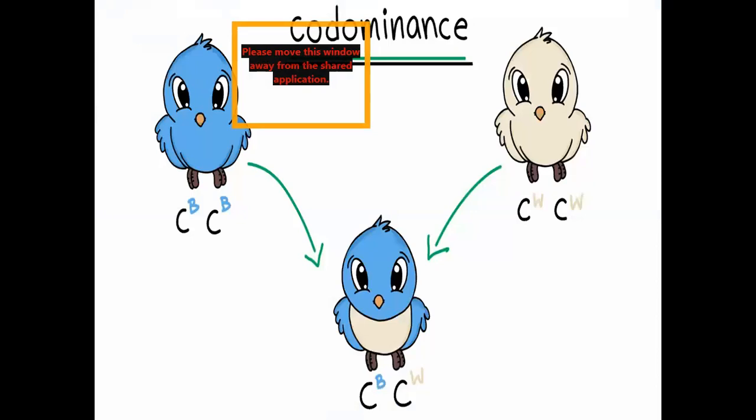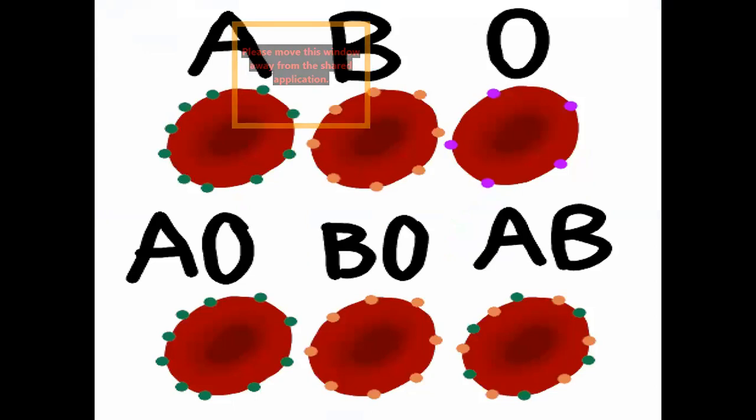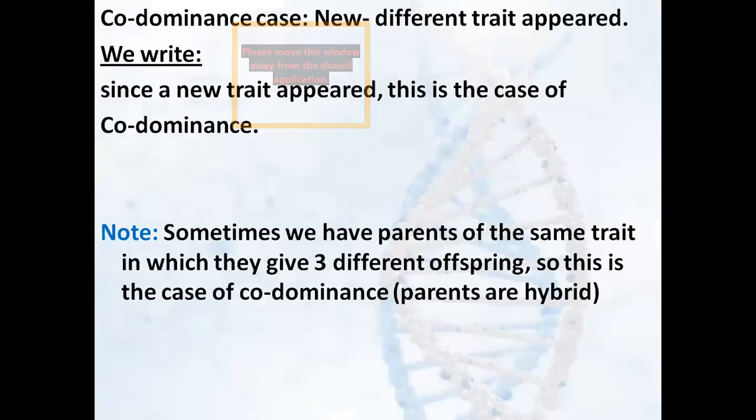Another codominance example: we cross a blue bird with a white bird. The bird obtained is blue and white. So both colors are obtained. This is called the case of codominance. Also the case of blood group that I talked about before. In codominance, a new trait appeared.